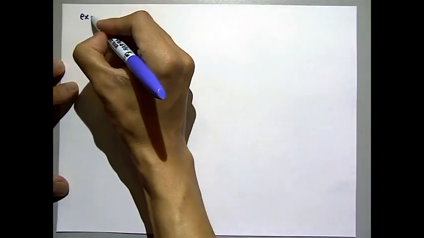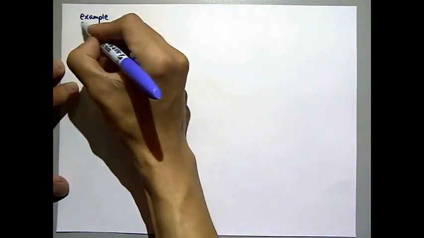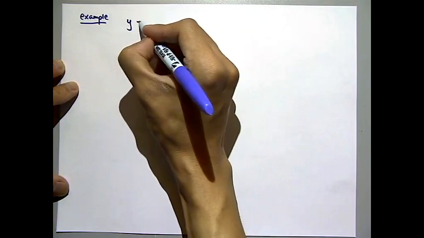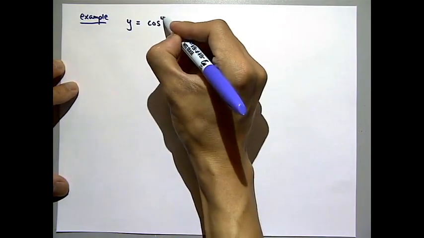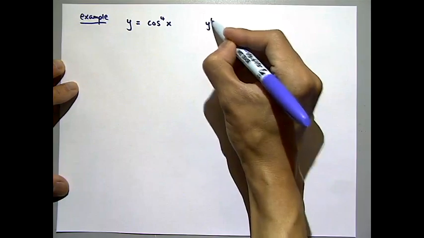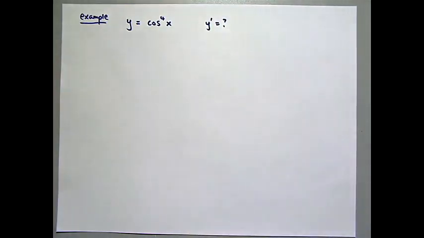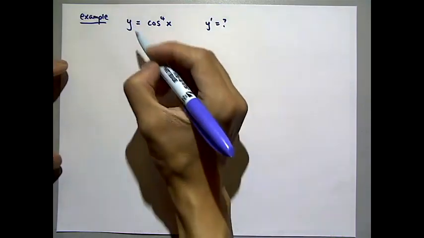For example, if you're looking for the derivative of cosine of x to the 4th power, the rule we applied for the last two examples can still be used here directly.